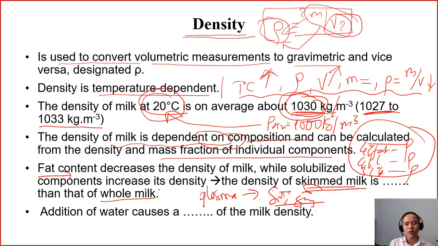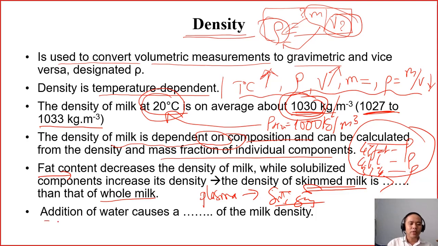Actually, it's even lower than the density of water. So when we remove the fat, we remove the low density component, so the remaining will be higher in density. So skim milk has a higher density compared to whole milk.